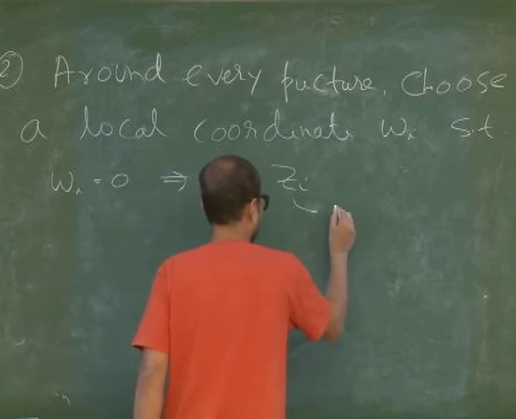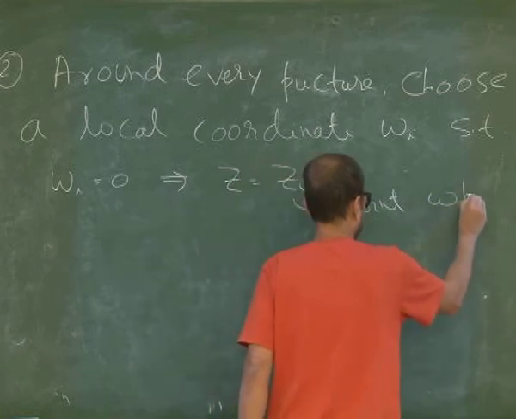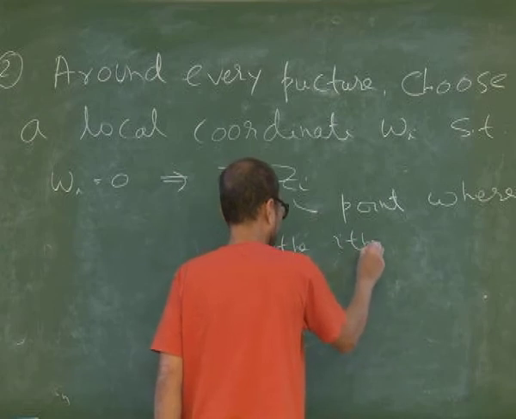This is the point where the ith vertex operator is, or where the ith puncture is.